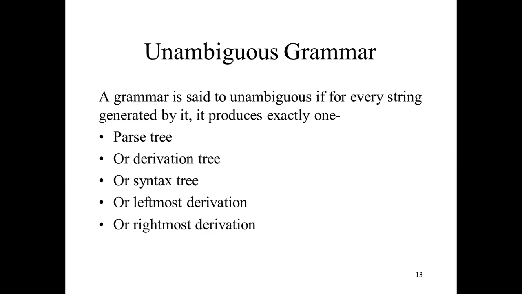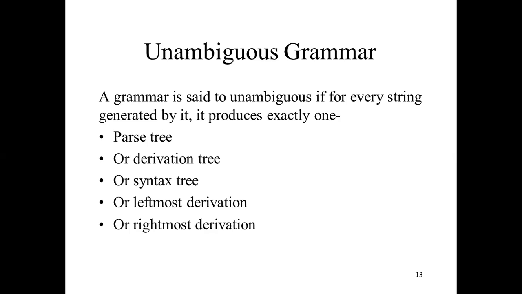And then what is the unambiguous grammar? A grammar is said to be unambiguous if for every string generated by it, it produces exactly one. What is one? If it gives you only one parse tree, or derivation tree, means a single derivation tree, or single syntax tree, or single leftmost derivation, or single rightmost derivation.